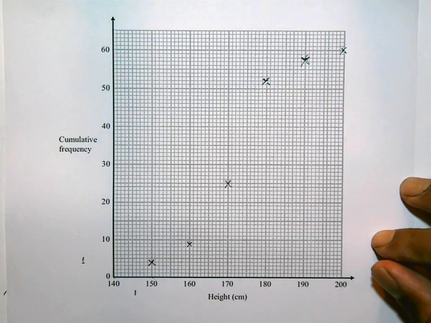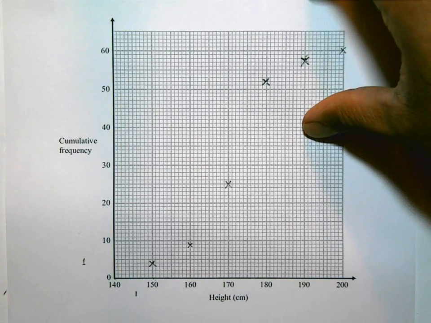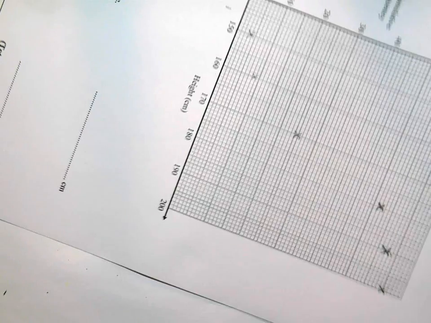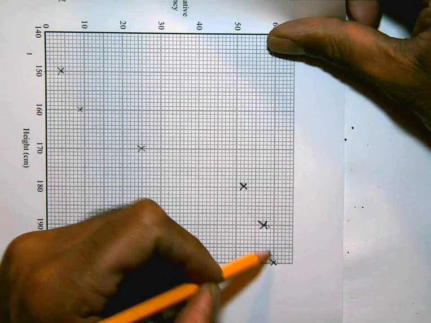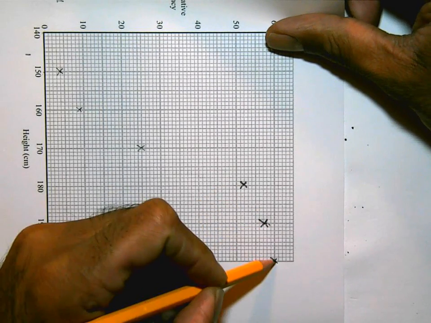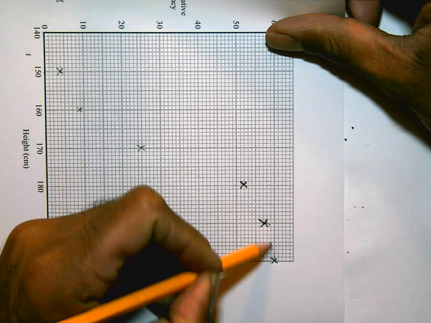What I'm going to do now is to just draw the curve. Now, I think it's really important to turn the paper around and to make sure you actually use the curve. It's almost like an art lesson. I do it lightly first.